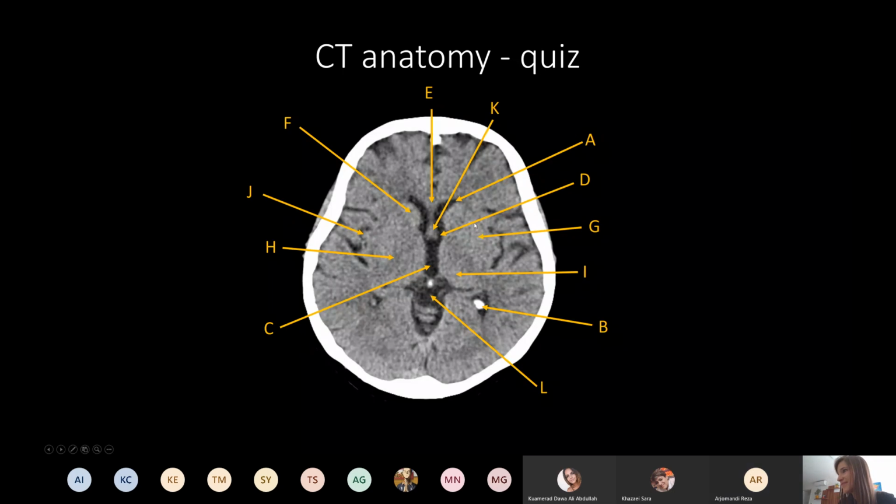G. Lenticular nucleus. Yeah, you're correct. This is the putamen, actually, but yes, the basal ganglia, lenticular nucleus. H. You can't see H pretty well. I don't know why I put this here, but I wanted to show you the internal capsule.